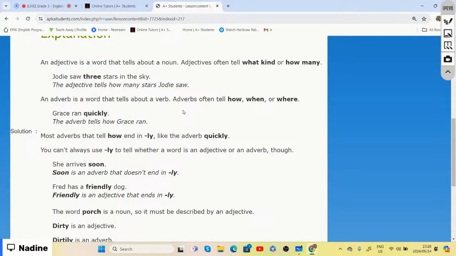For example, Jody saw 3 stars in the sky. That tells us how many stars Jody saw. And then we have the adverb, a word that tells us more about the verb. Adverbs often tell us how, when, where.